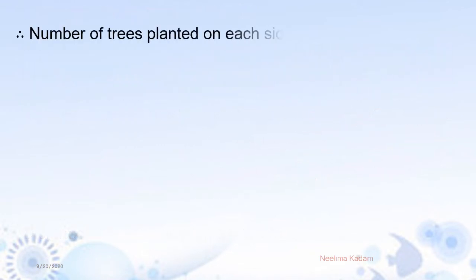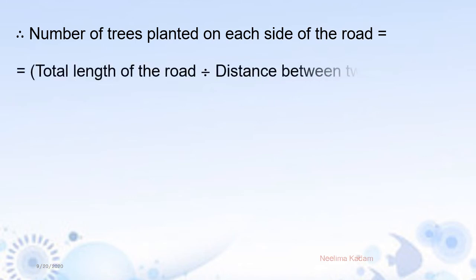So the number of trees planted on each side of the road will be equal to, we are counting on each side, the total length of the road divided by the distance between two plants, plus 1.